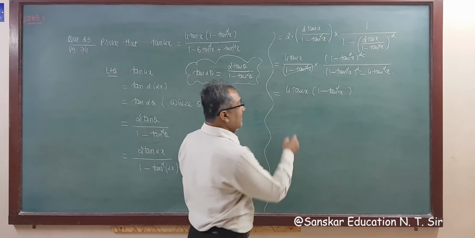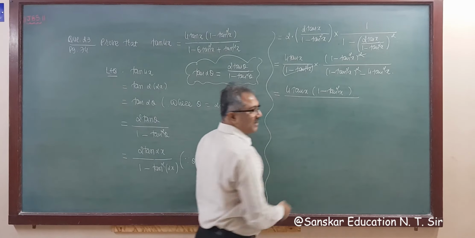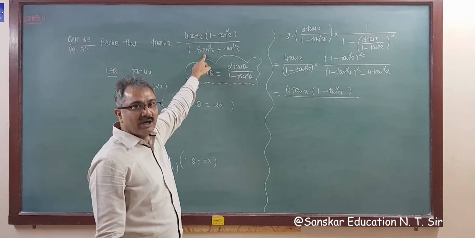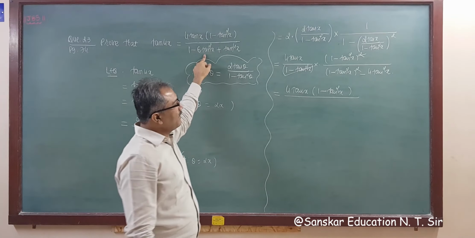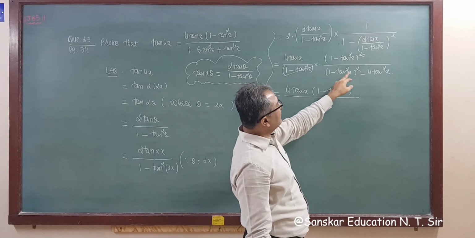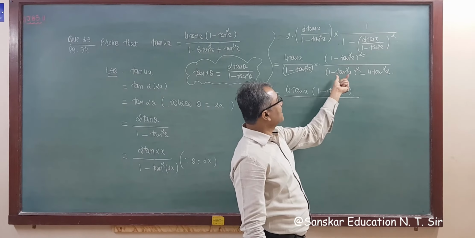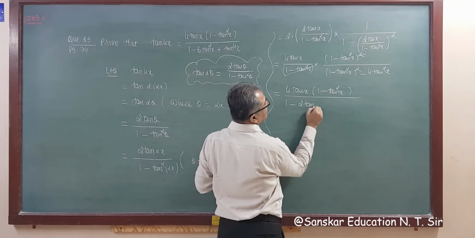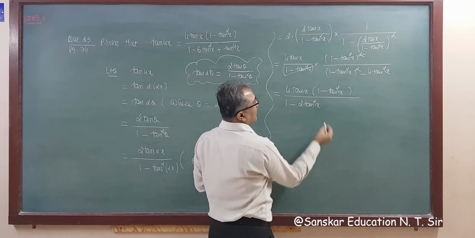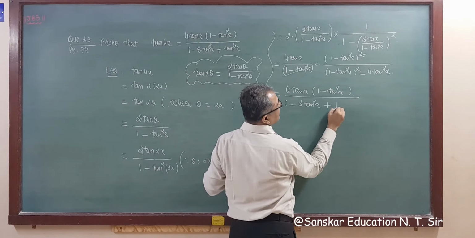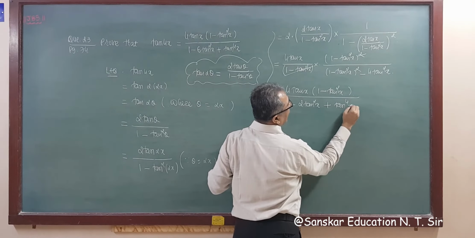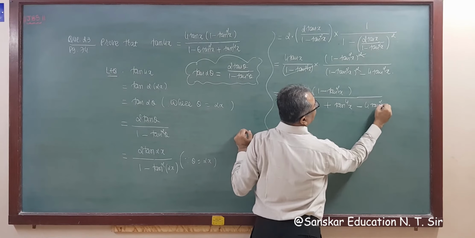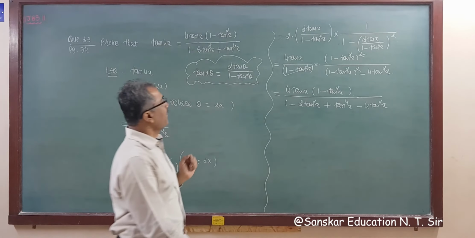While you are solving a big problem like this, keep your attention on what you have to prove. So now 1 minus tan square x whole square. Expanding this, 1 minus 2 times tan square x plus the square of this, tan raised to 4 x, and this is minus 4 times tan square x.